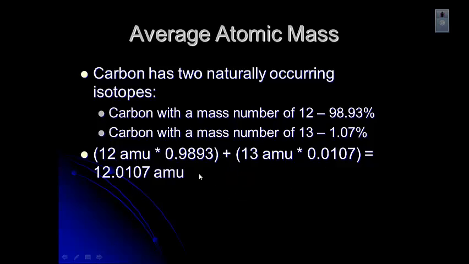When you add those together, that gives us 12.0107. And if you look at your reference table, you'll see that you can find the atomic mass of carbon, and it's 12.01.